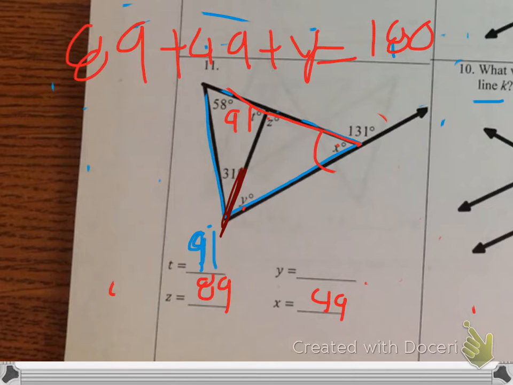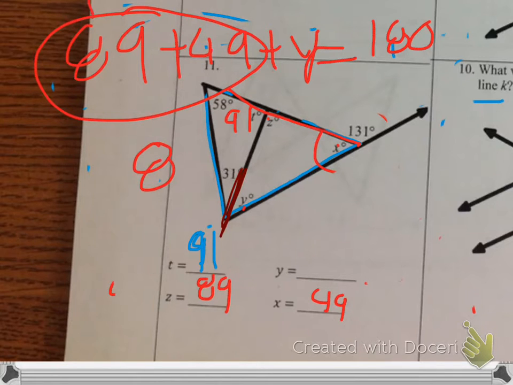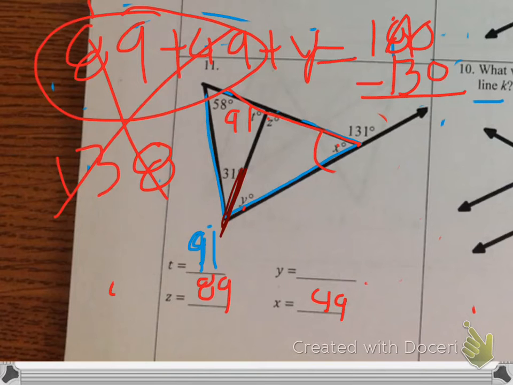So combine the two like terms, which are 89 and 49. 9 plus 9 is 18, carry the 1. 8 plus 4 is 12, add 1 is 13, so 138. So now we minus 138 from 180. So Y has to equal 42.